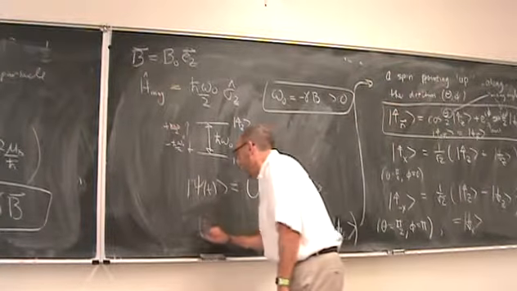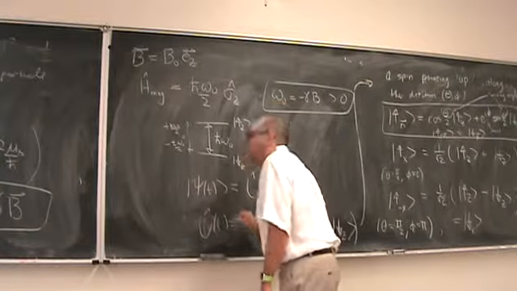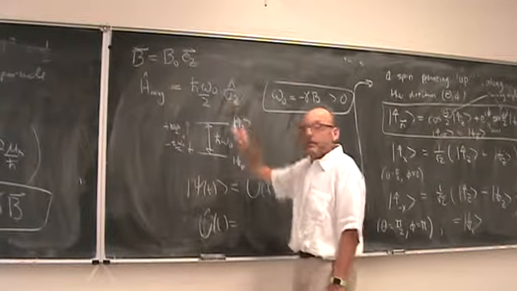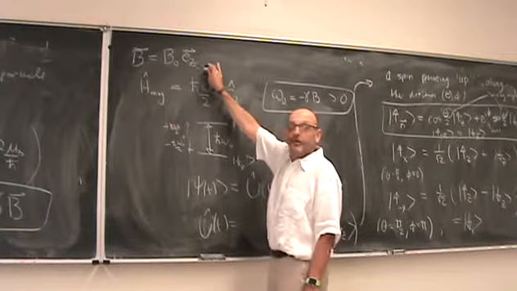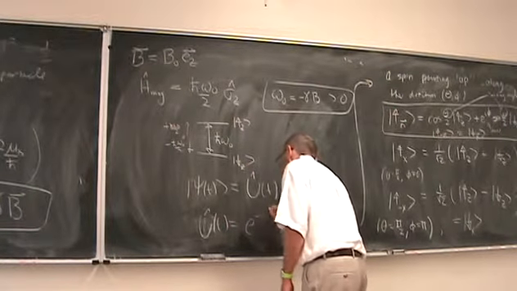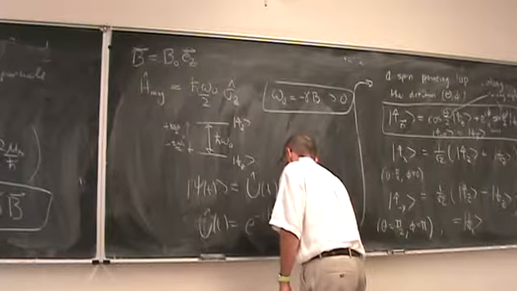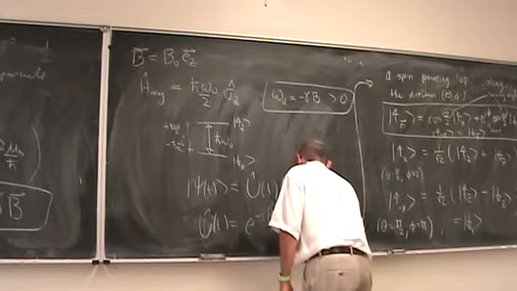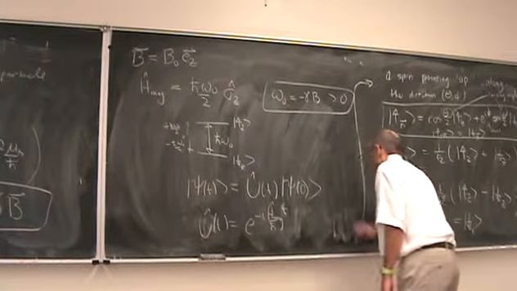And what is that, U of t? Well, given this Hamiltonian with this magnetic field, it's a constant magnetic field, so we can just exponentiate the Hamiltonian and apply it to our state.